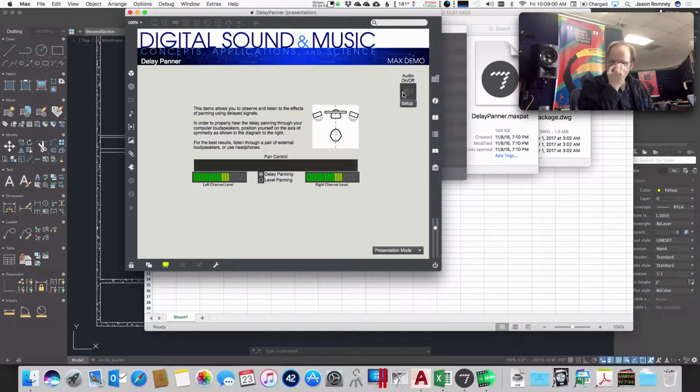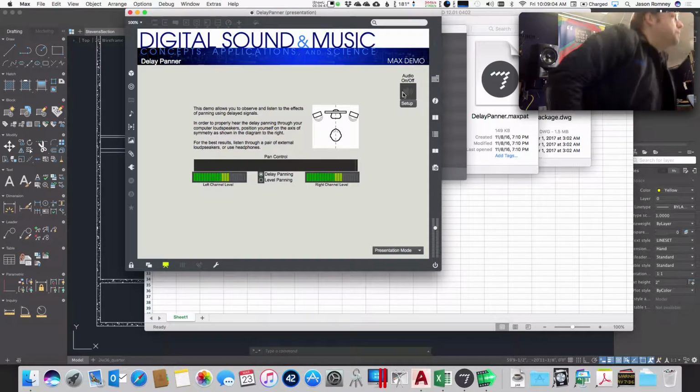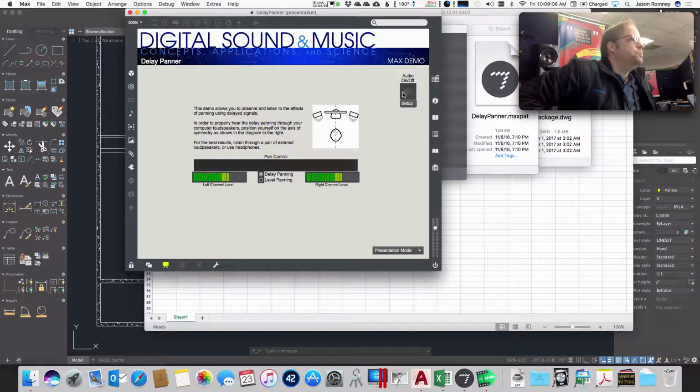Okay, this is called the Haas effect, named after a guy named Haas, who did this research and wrote this paper. He was specifically researching stereo imaging and the role that time delay and arrival times played in it, because for the most part, stereo imaging is just accomplished by level, right?